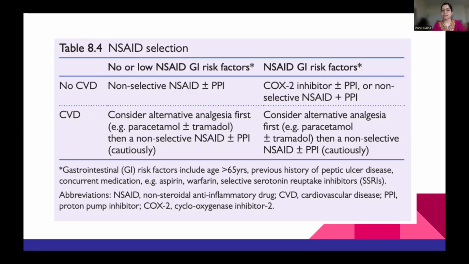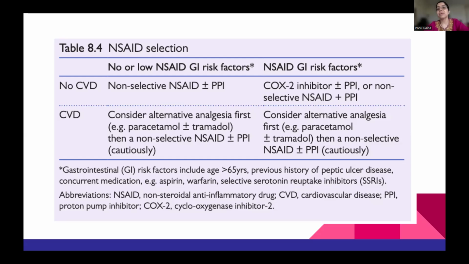These patients are considered high-risk for GI. So in those cases, you have to further divide whether the patient has any cardiovascular disease or doesn't have a cardiovascular disease. In case of no cardiovascular disease, we can still give non-selective NSAIDs in a case of low NSAID GI risk factors.